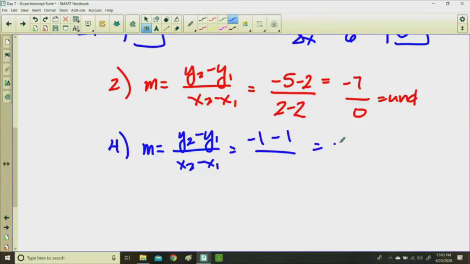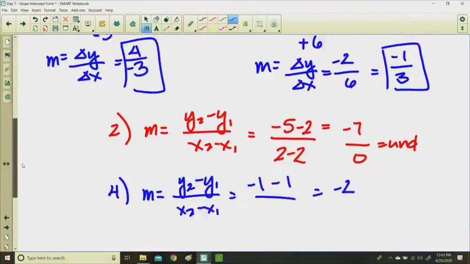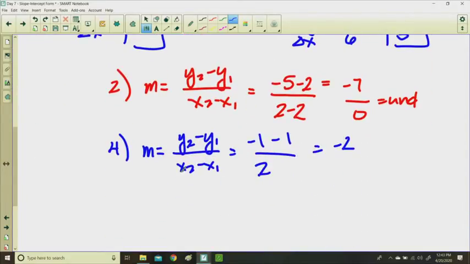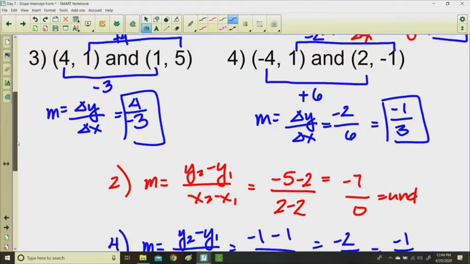That's going to be -2. Then the denominator, we're going to have 2 minus -4. Remember, it's opposite. So it's going to be 2 for x2. x1 is negative 4, but the opposite is positive 4. That's going to give us positive 6. It's going to give us negative 1 over 3. All right, perfect. So we are good to go.